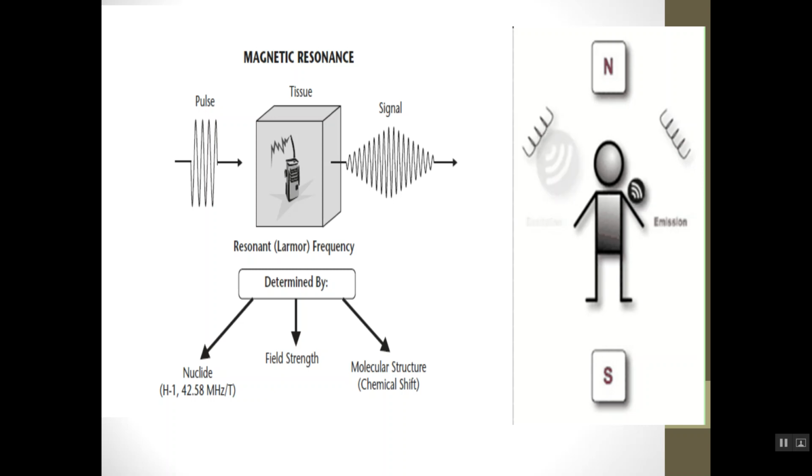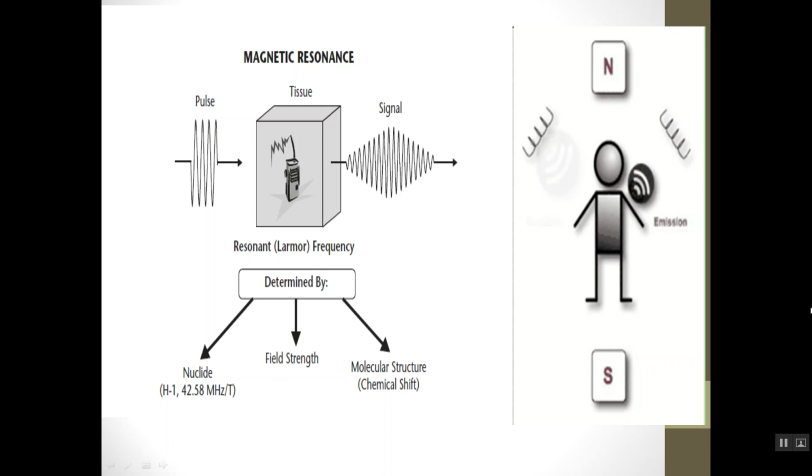This radio frequency pulse, like a sine wave, is transmitted using a coil, and our body is receiving this radio frequency pulse. After a certain time, the radio frequency pulse comes back again to the receiver coil. I receive this radio frequency pulse.